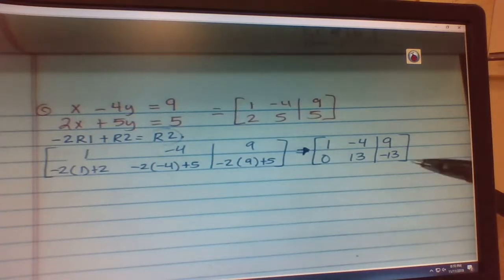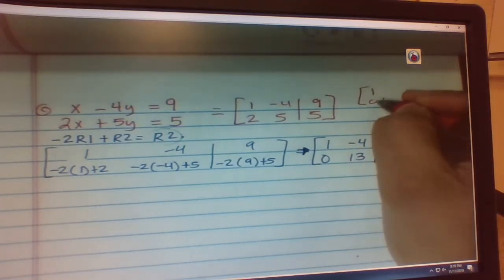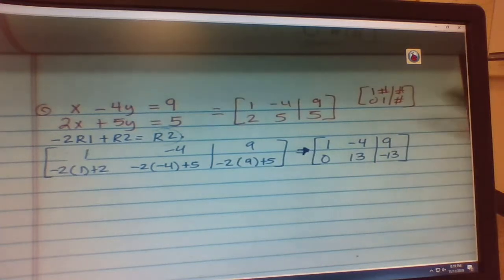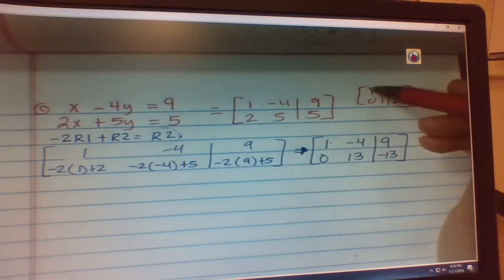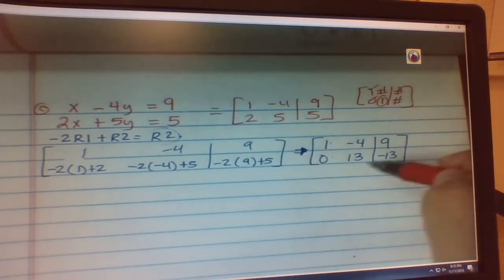You're trying to make who a 1? 13. This, yeah, because remember, your goal is 1, 1, 0. This is your goal. You already have that 1, you already have the 0. This is my next goal, to make this a 1.